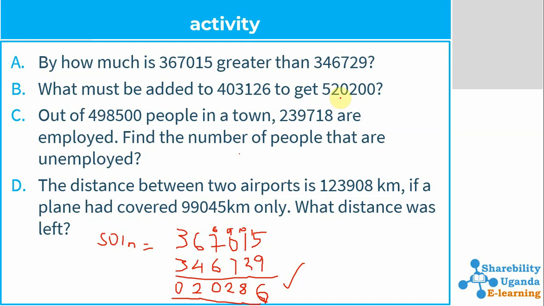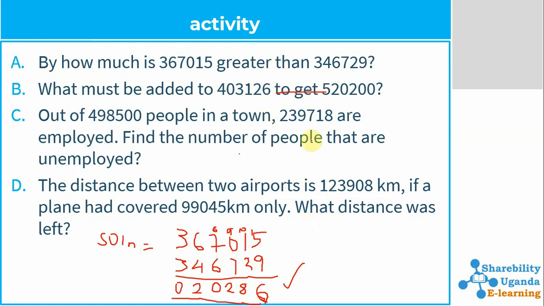They are saying how much can be added to this. So to get how much can be added, we take the bigger number and then subtract the smaller number from it. That's how we can get it.